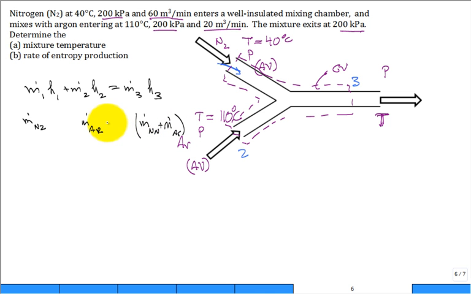So I'm going to just substitute right there, and I'll have this H3 here, and this is H2, and this is H1.